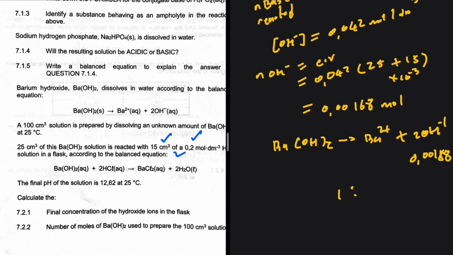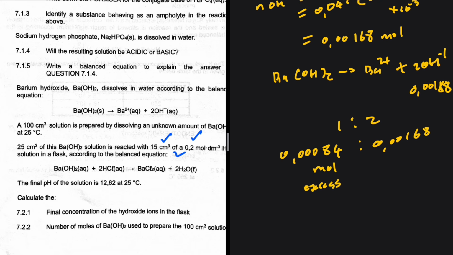We have a 1:2 relationship. So if we have 0.00168, then the number of moles of the base is 0.00084. These are the number of moles of the base that are in excess.